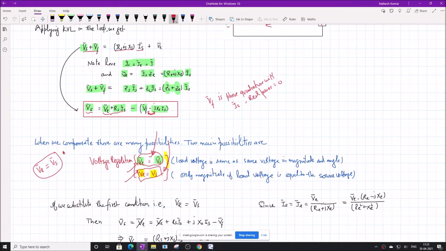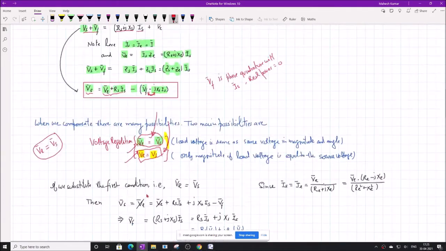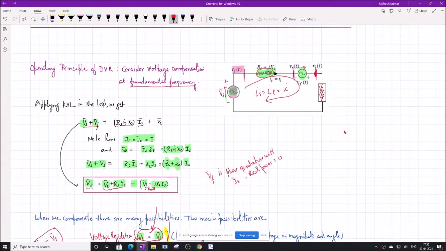Well, that is true, but the phase shift is provided by the VF. Because if you look at this diagram, the effective source is VS plus VF. So I can write VS dash equal to VS plus VF. So VF is also added to the VS, and therefore the effective voltage source is VS dash.